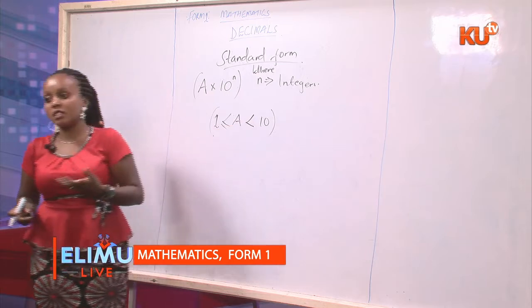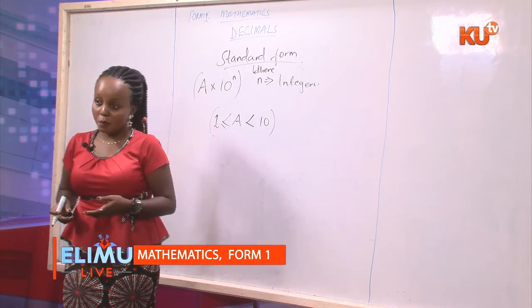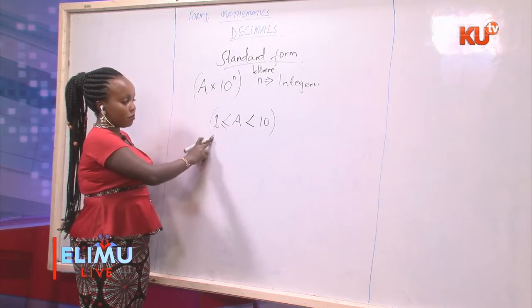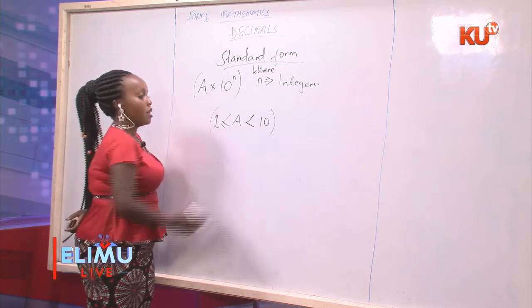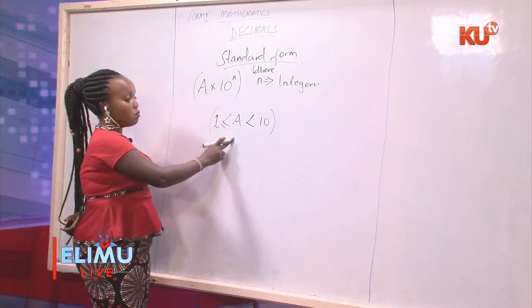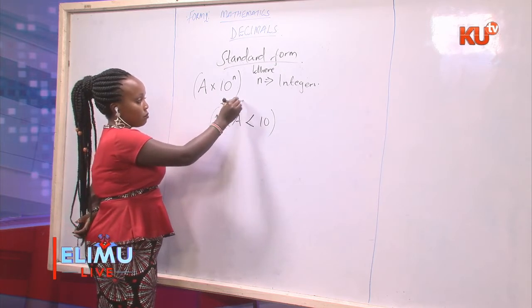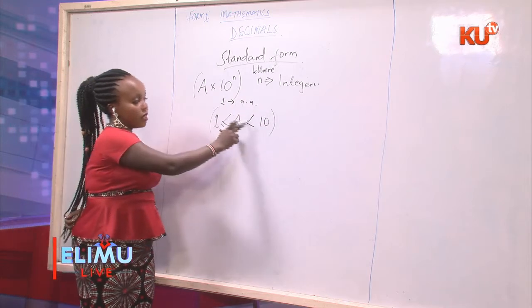And that a should be greater than or equal to 1, and also less than 10. So the numbers that a can be are from 1 to maybe 9.9, because it should be less than 10.